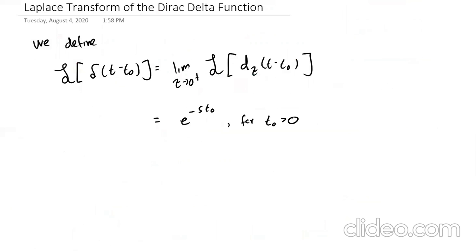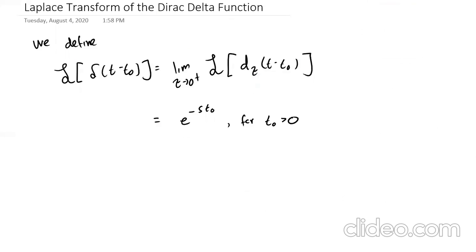Without the limit, it's not a Dirac delta function. And just using the definition of the Laplace transform, and just taking integrals, you see that this ends up being e to the negative s times t naught, where t naught is the shift.